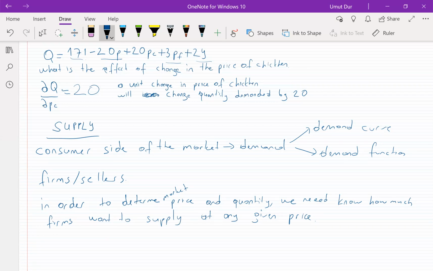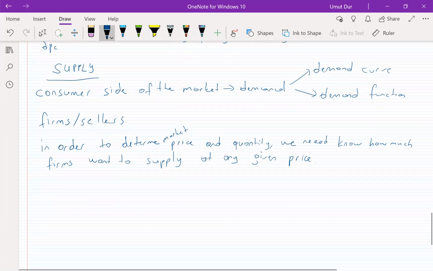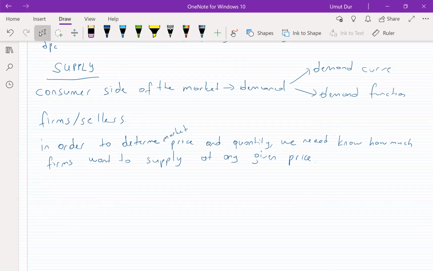There will be different factors affecting the decision of the firm.